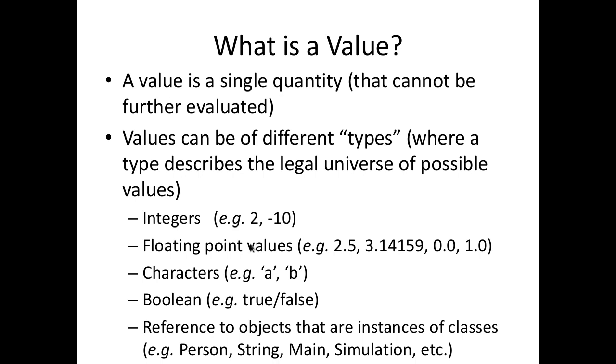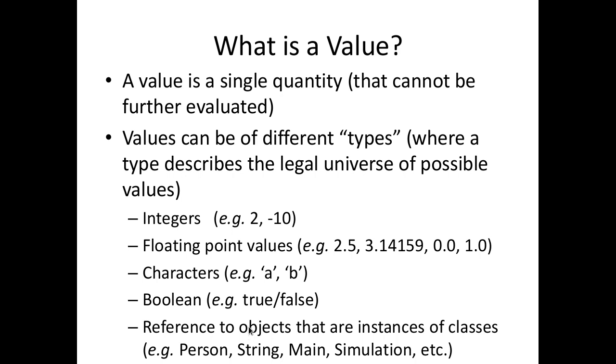Okay. A value is a single quantity that cannot be further evaluated. So it might be an integer, 2, 5, 6. It might be a floating point value, 2.3, 3.14, 2.71, 1.0. It could be characters like A, B, etc. Could be a Boolean, true or false, or it could be something that involves a little bit more conceptualization.